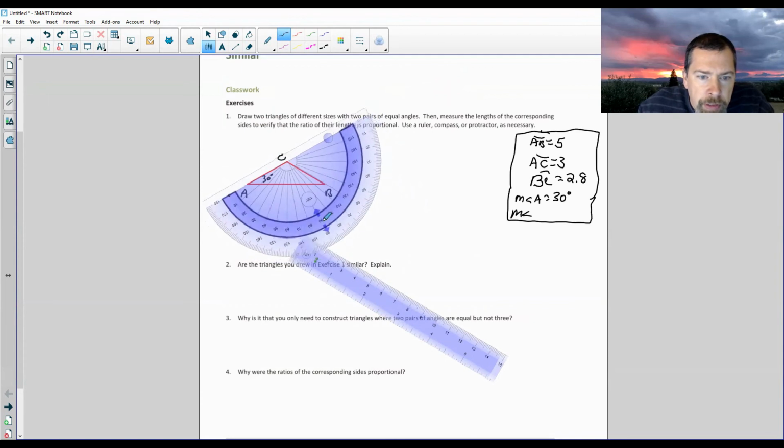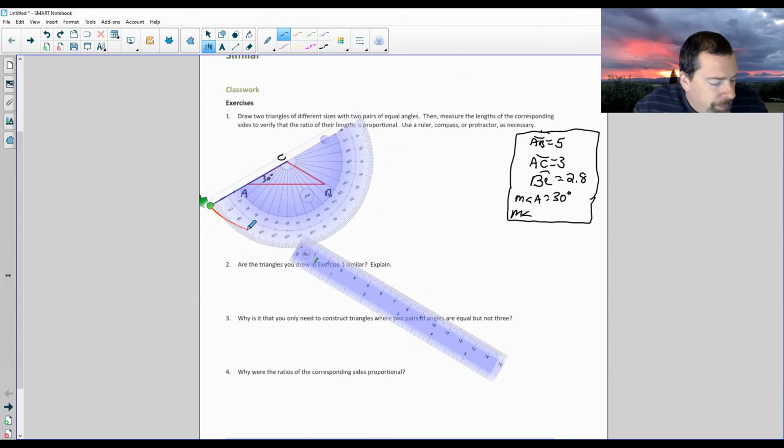Let's make that smaller so it appears. Struggles are real. All right. Grab this, bring it around, line it up with my side. There it is. It is 119 degrees. So the measure of angle C equals 119.